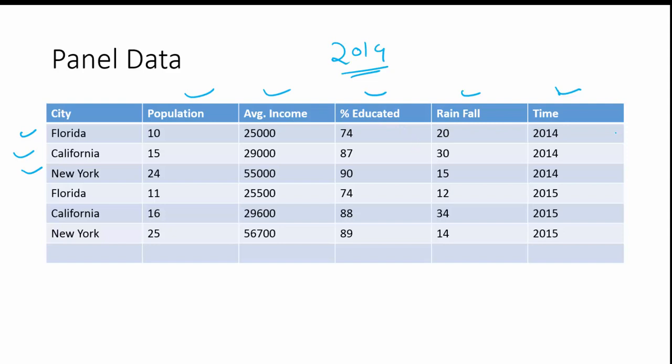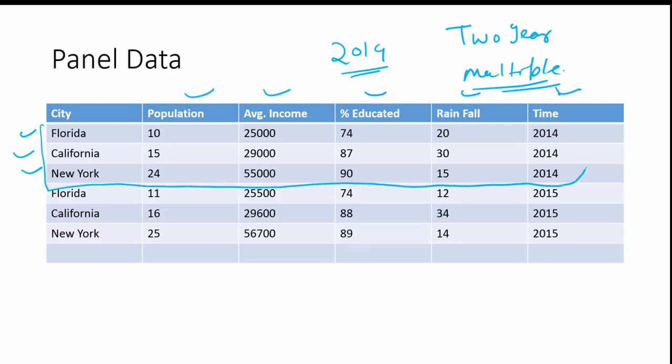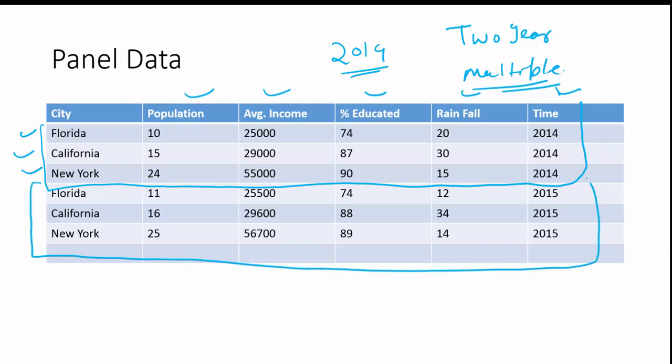Now here we have data for 2 years. Or in general we have got data for multiple years, or more than 1 year. So in that case we call this a panel data because we have got cross section data for multiple years. Now this is our cross section data. So this is the data that we had in the previous slide. So this is the cross section and this gets repeated for 2015 as well, and you can extend to 2016.